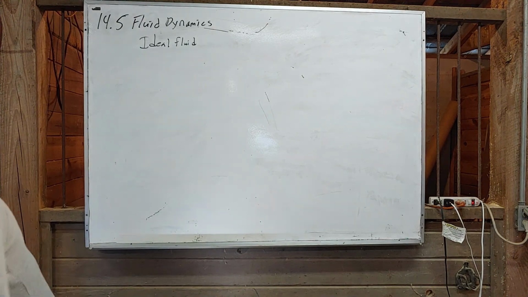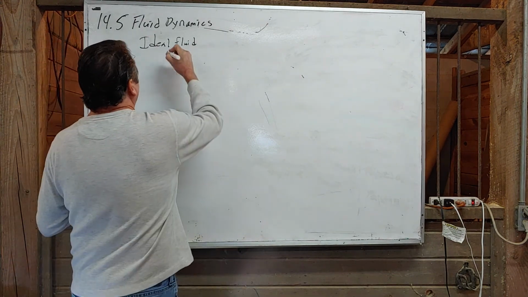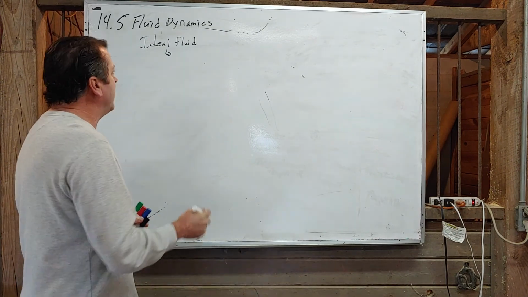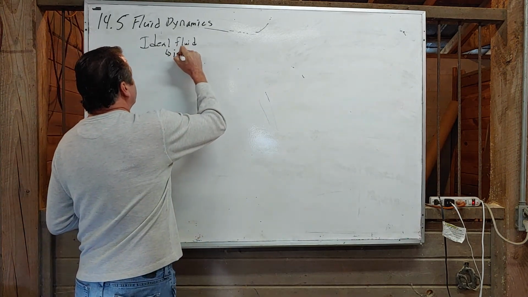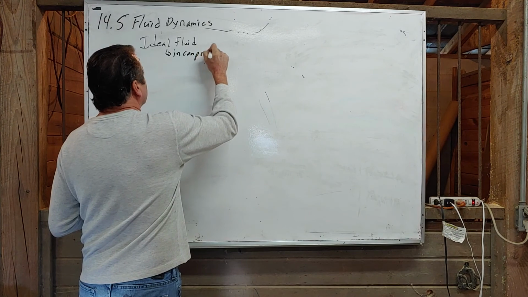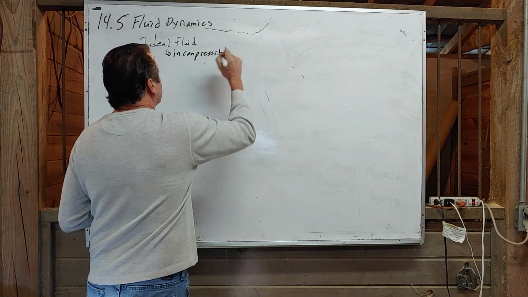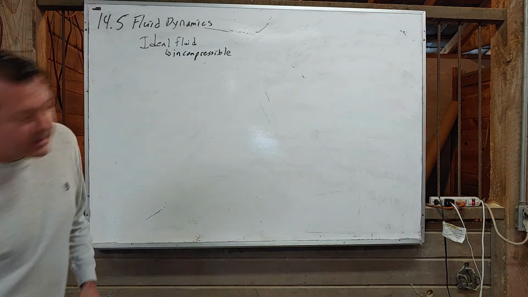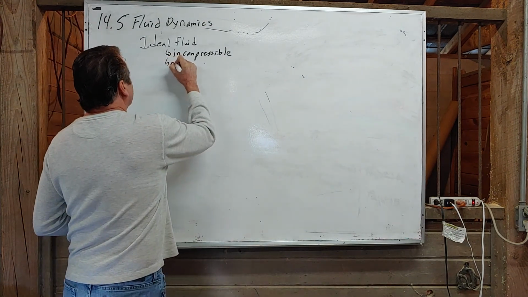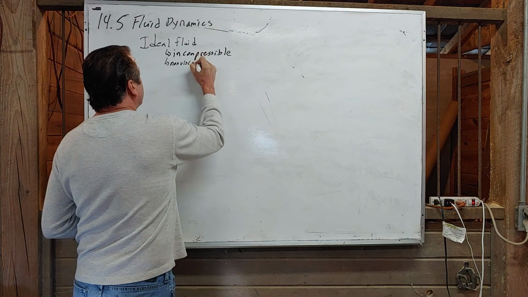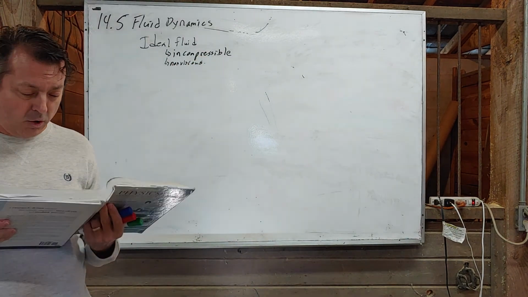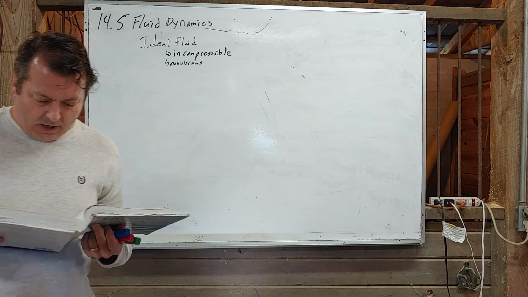So what we're going to say is an ideal fluid, that's what we're going to think of. And think of water as a pretty darn good ideal fluid. It's incompressible. It's non-viscous. When you think of viscous, think of honey. So it doesn't have a resistance to flow.